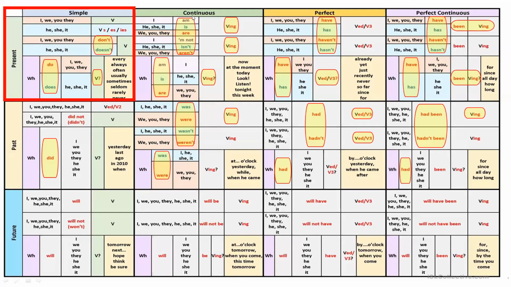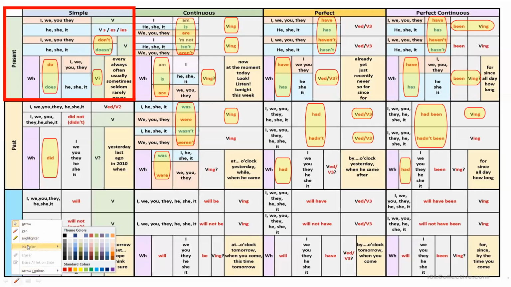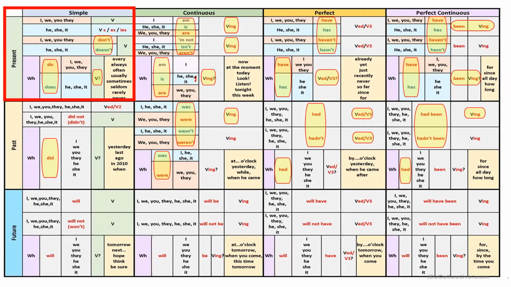For the continuous we use verb to be: am, is, are for the present, and was, were for the past.